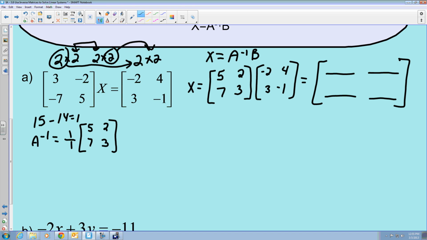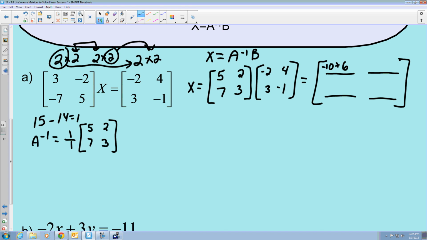We have, again, a 2 by 2 matrix, as we already talked about. So that means this is row 1, column 1. So I'm going to use row 1 in my inverse, and then I'm going to multiply it by B. So this gives me -10 plus 6. Now I'm using row 1, column 2.